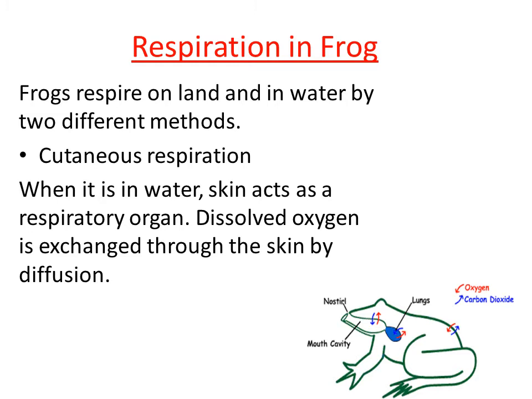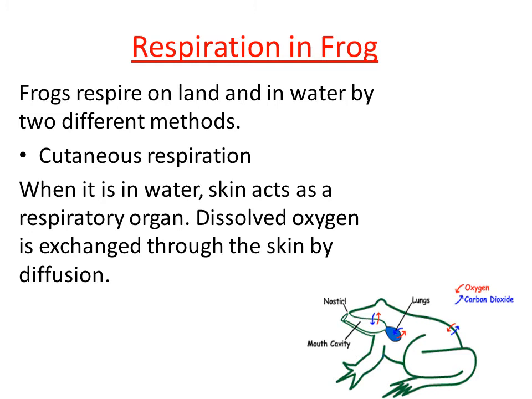So what do we mean by cutaneous respiration? Cutaneous respiration takes place when the frog is in water. In this case, skin helps in exchange of respiratory gases, so the dissolved oxygen in the water is exchanged through the skin by means of simple diffusion. Diffusion we know, right?